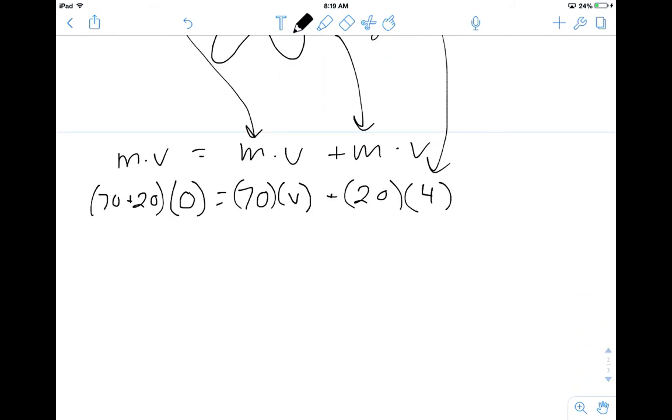All right, so now we just have to solve this equation for v, which is simpler than you think, because this 0 makes everything 0. So this whole side is 0, and then I've just got 70v plus 20 times 4, which is 80. Now I'm solving for v, so I subtract 80 from both sides.